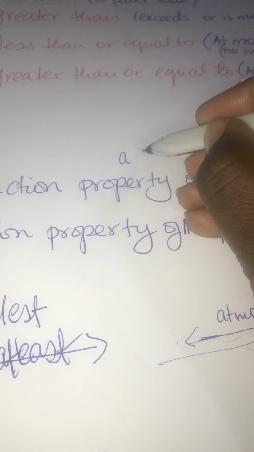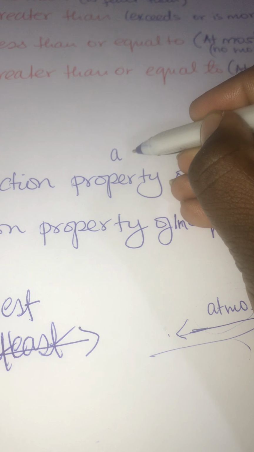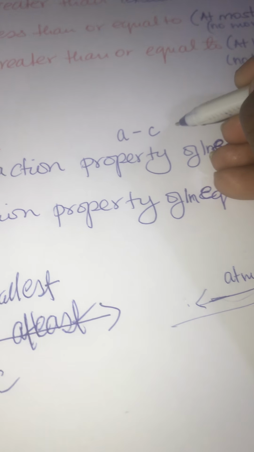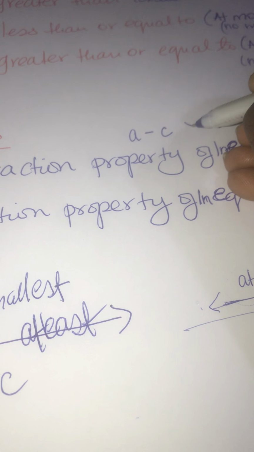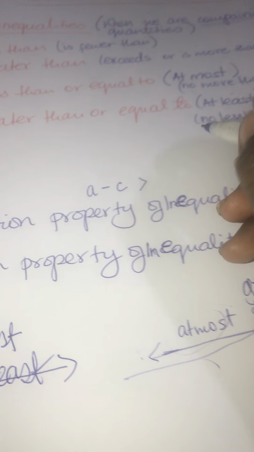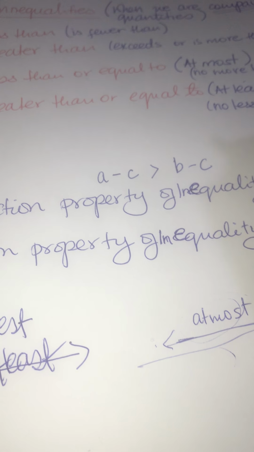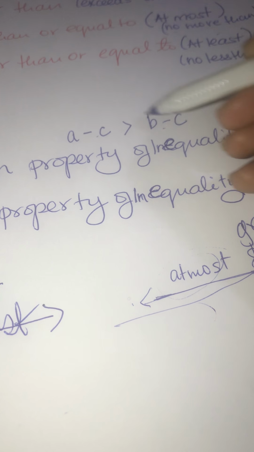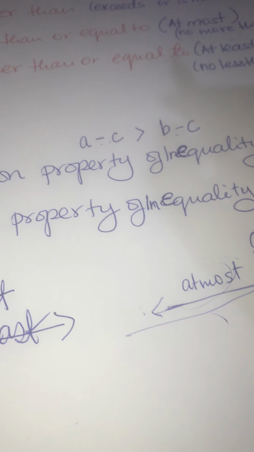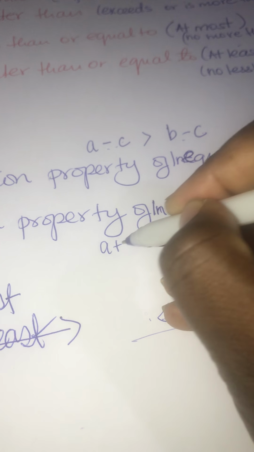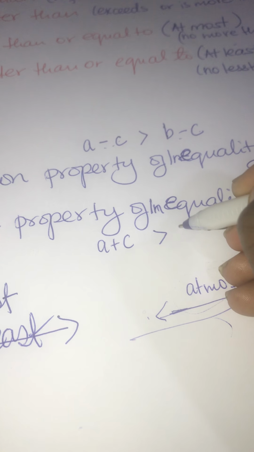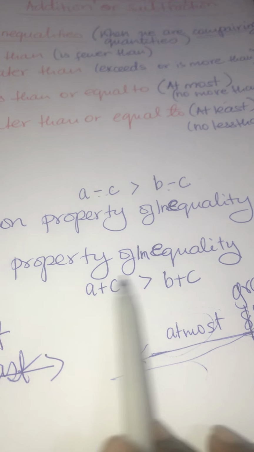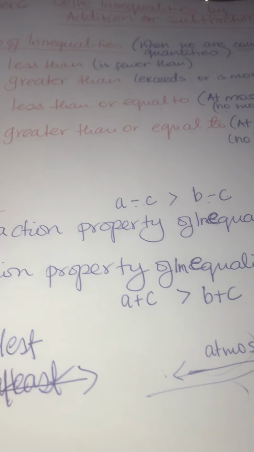A minus C, it doesn't matter, you choose whichever one, is greater than B minus C, like that. You subtract the same number on both sides. Here, you add the same number on both sides. Addition property of inequality. Okay?